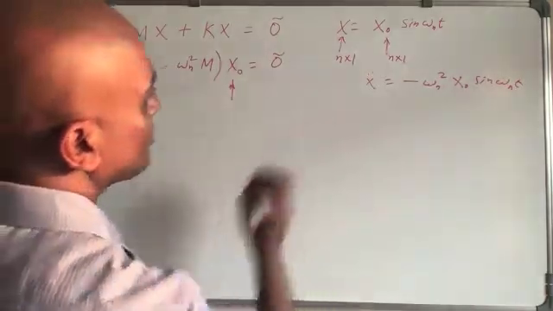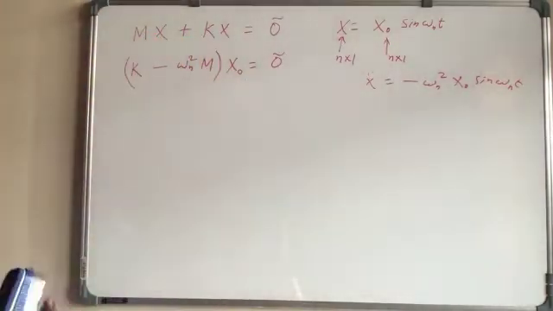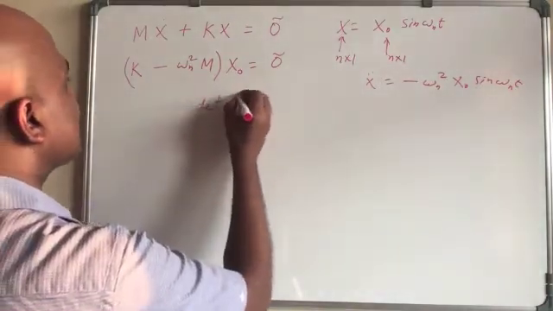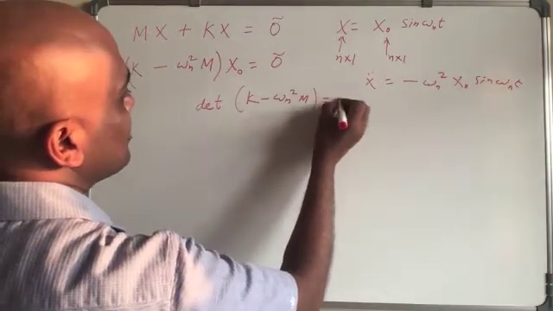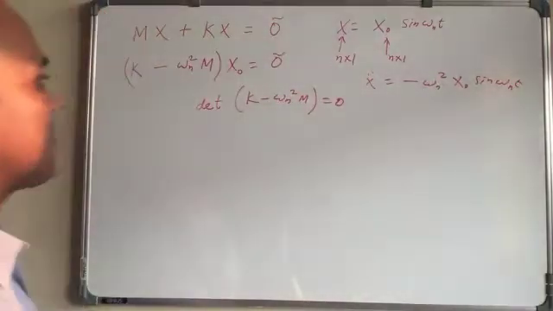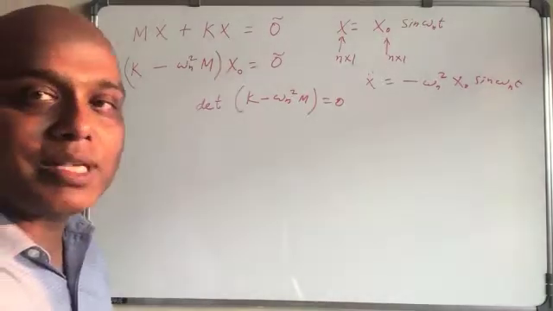So x naught is also a vector here. Now if that is the case, then the determinant of k minus omega n square m has to equal 0. We know why. This is so that x naught has a non-trivial solution.